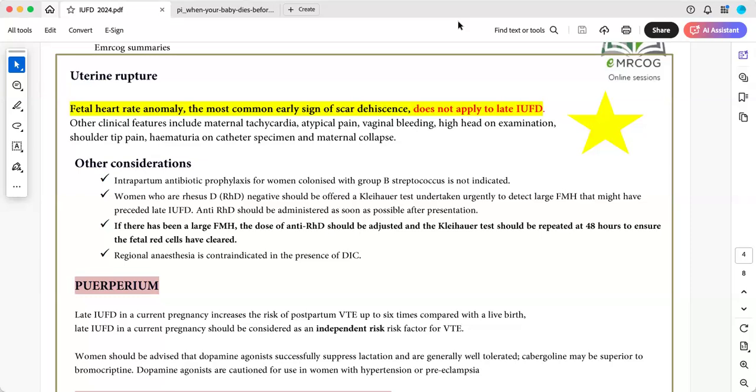And we have learned that changes in the fetal heart rate are considered early signs of scar dehiscence or rupture, correct? So here in the late IUFD, I don't have a fetal heart rate, right? So now what are the alarming signs or symptoms for me?